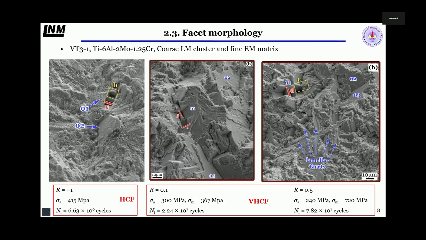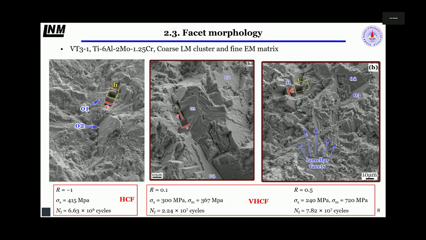And this is the fracture surface of the other specimen, the specimen under the stress ratio 0.5, which also failed in the very high cycle fatigue regime and shows diverse morphology of facet. It is easy to find in the lamellar facet. The lamellar facet also shows this morphology, just like this one and this one.